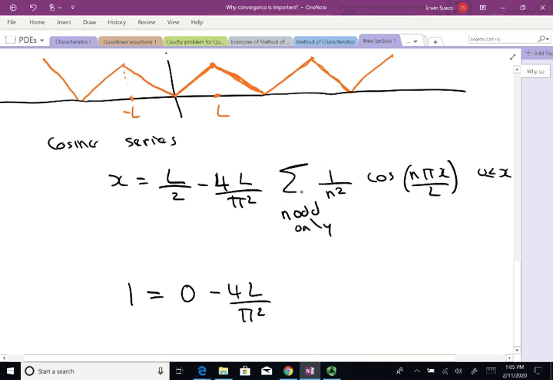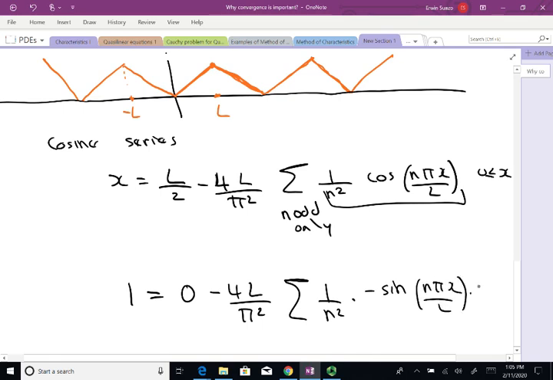So I'm going to get the sum of 1 over n squared and the derivative of the whole thing. The derivative of 1 over n squared is a constant. The derivative of cosine is minus sine of n pi x over L times n pi over L. And this is for n odd.